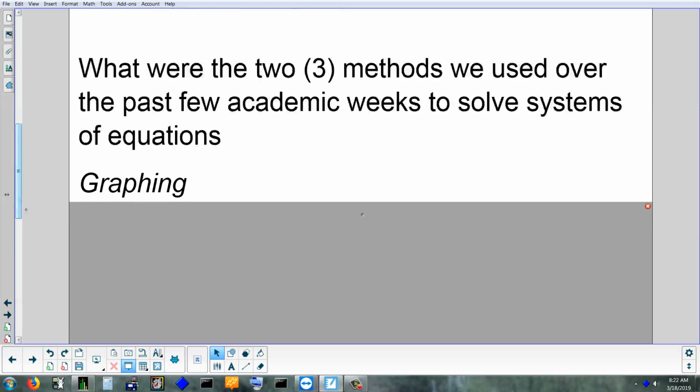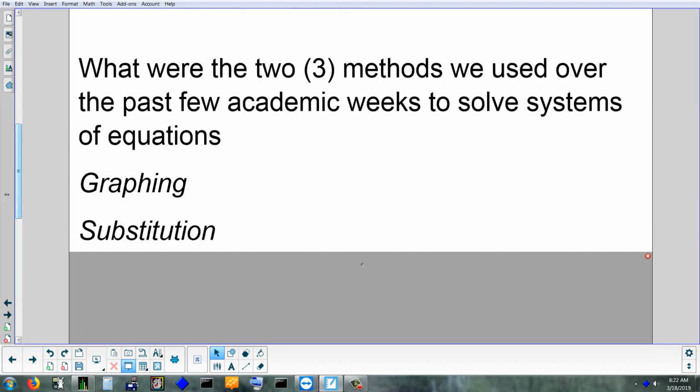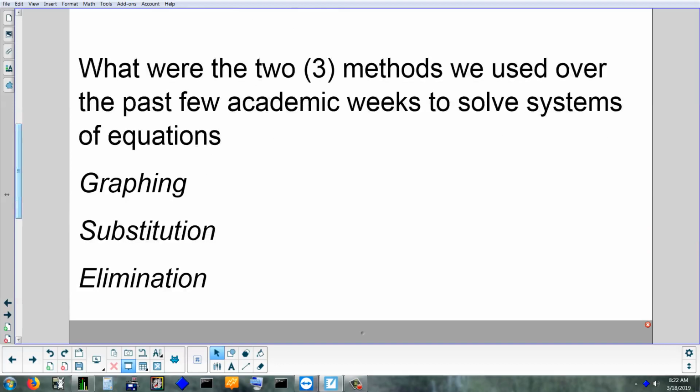What was the method we did after graphing that we just practiced in the warm-up? What was that one called? Yep. Then we did substitution. And what was the method we did last week where we try to get things to disappear? It ends with an E. We did elimination. Yep. I would say either one of these 2, those are usually pretty good ways to solve systems.